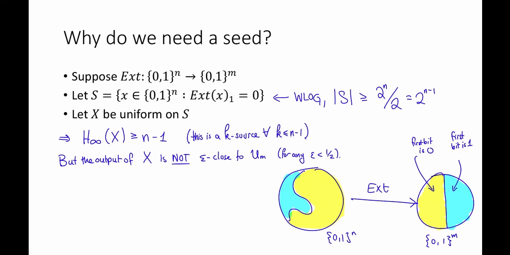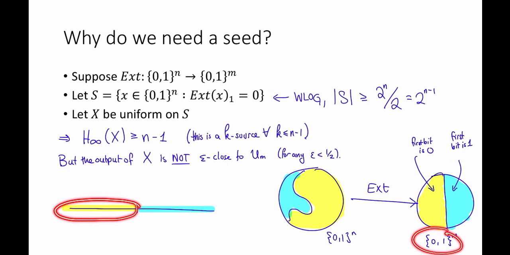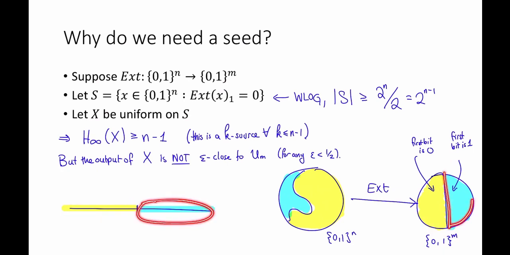To see this, let's draw a picture of the output distribution. So here's my domain, and let's break it up into the yellow set and the blue set. That is, over here are all of the bit strings in {0,1}^m where the first bit is 0, and over here are all of the bit strings in {0,1}^m where the first bit is 1.